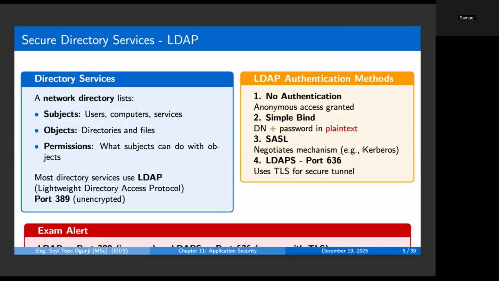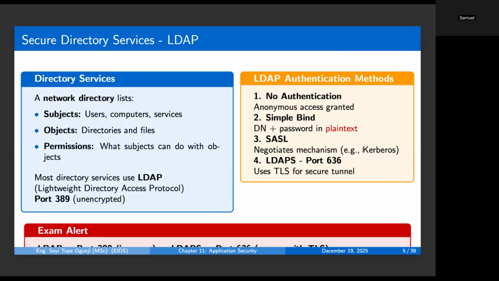Or for instance, is this person allowed to change the grade, to change this file? Is this service, is this user, is this computer allowed to do this? Is it permitted to do this? So LDAP is the language that is used to find out such pieces of information. And the port that it is using is port 389. This port is open, and that's why it is unencrypted.